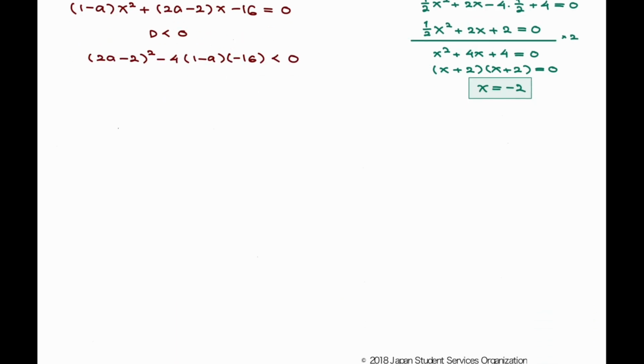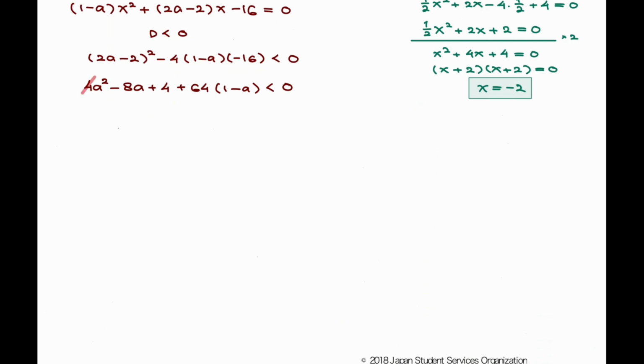First of all, I will expand this expression. If I expand it, I will get 4a squared minus 8a plus 4. Negative 4 times negative 16 gives plus 64, times (1 minus a), less than 0. You can divide all the terms by 4 to make our inequality simpler.